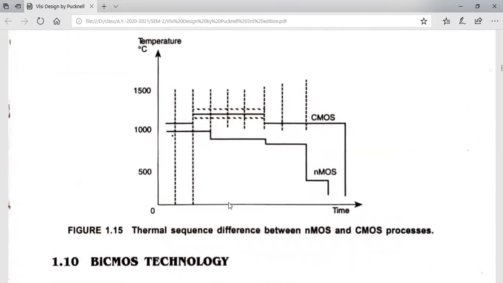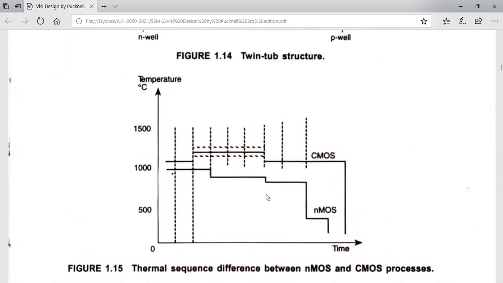So we can also look at thermal aspects of the NMOS and CMOS processes. You can observe here, in the NMOS fabrication process we have only one type of transistor, that is only the NMOS transistor. With respect to time, if you observe the temperature of the device, the NMOS transistor starts at around 1000 degrees centigrade.